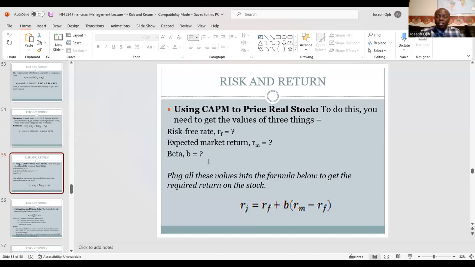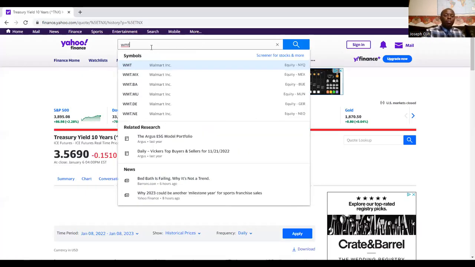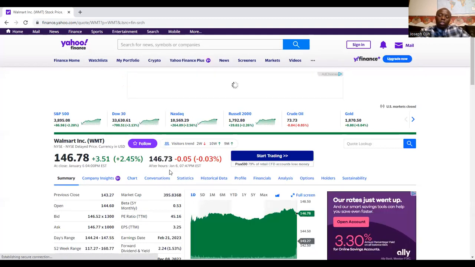And for the beta, since the stock I'm working on is Walmart, I'm going to go to Walmart. I use the return on the same periods that I use for both my risk-free rate and my market index, from December 2021 to December 2022.